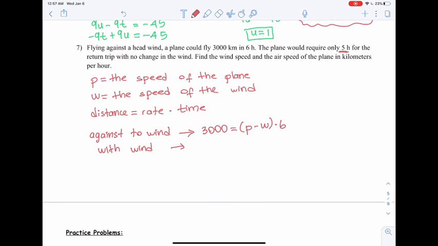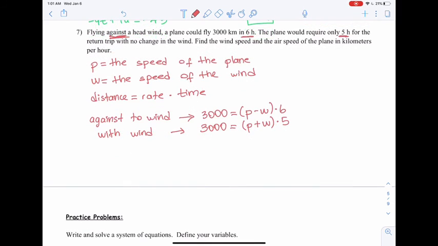From here, it says 6 hours when it is against the wind. And then for the second equation, the distance will be the same. This time it will be with wind, so plane speed plus wind speed, and then it's going to be in a shorter time, which is 5.